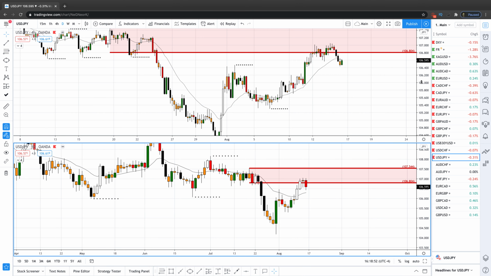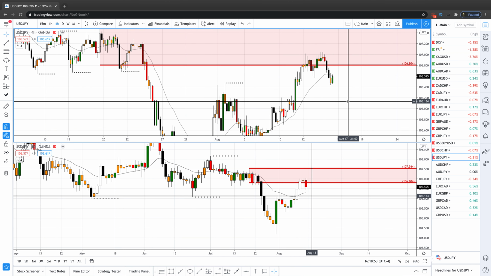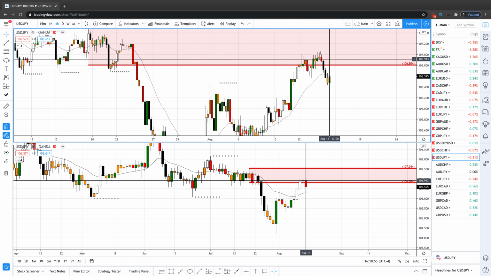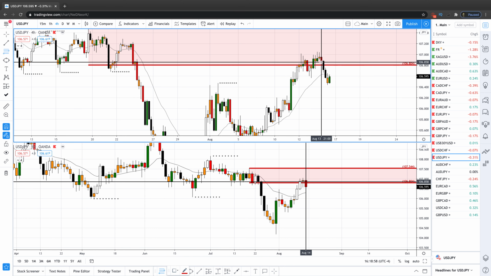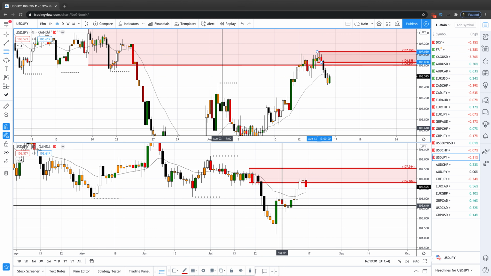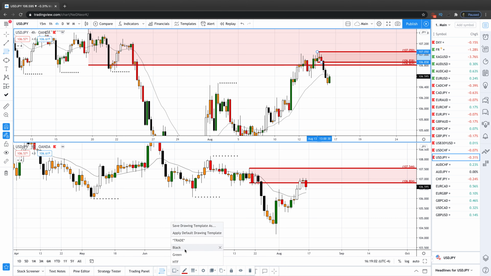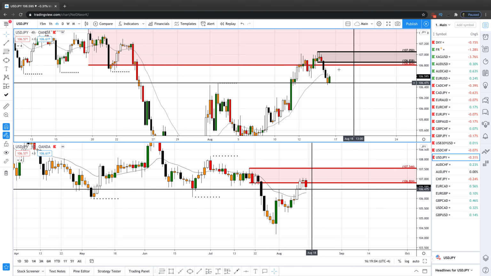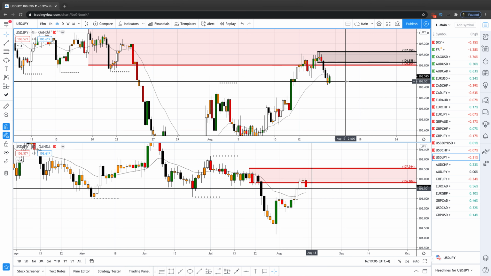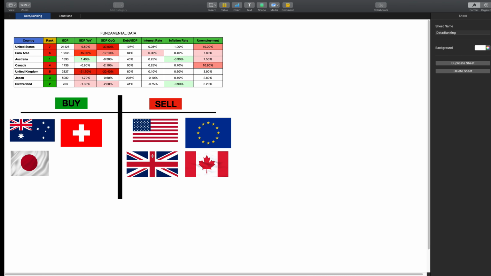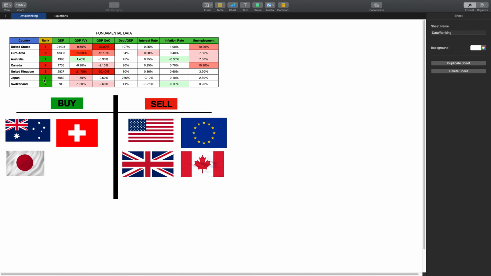I just don't know if it will hold. Maybe if price gets back up to this 4-hour level, it's not a bad level to look for shorts on a 4-hour. I could definitely see myself maybe taking a stab at that because the US dollar is 7 and the Japanese yen is 3.